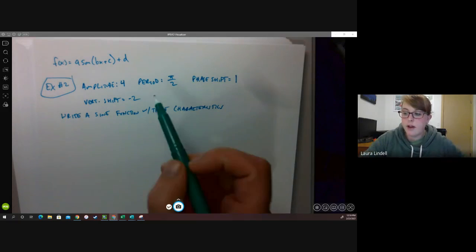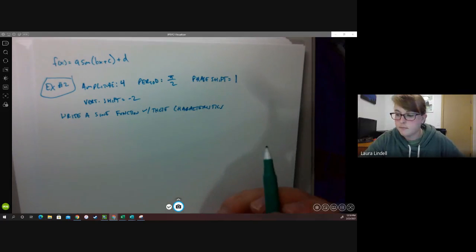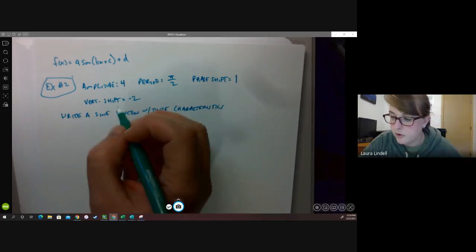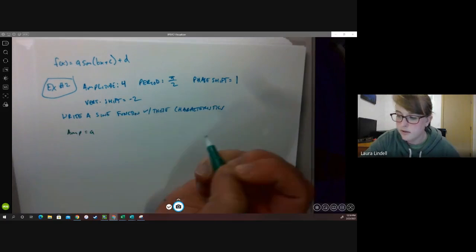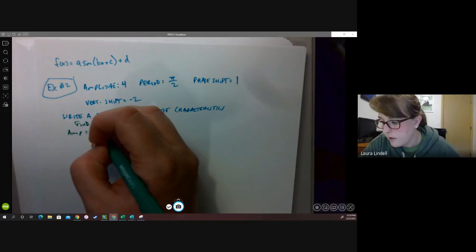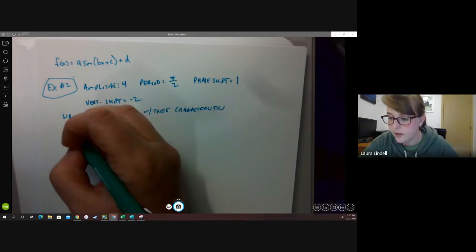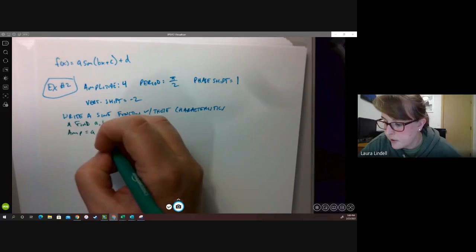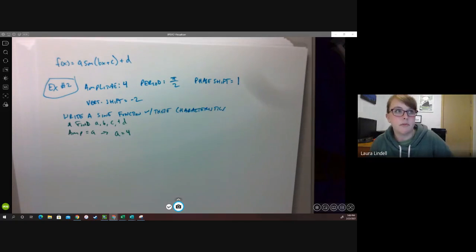But in this case, we have all 4 components, so we need all 4 letters. So it's kind of like a little puzzle. We always know that the amplitude is A. So we need to find A, B, C, and D. We know the amplitude is A, so that tells me that A is 4.